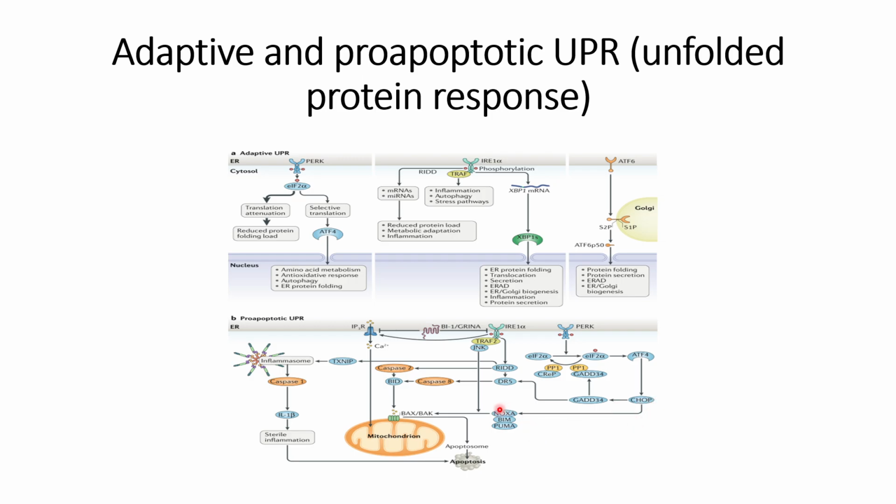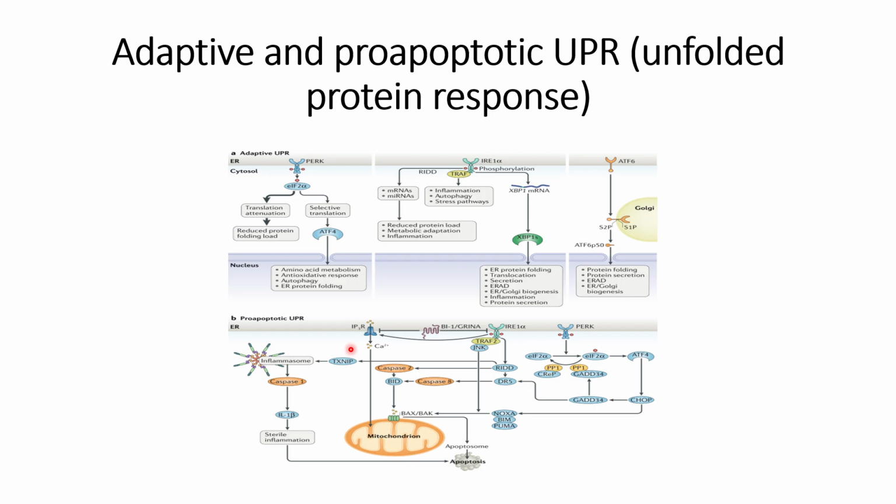This CHOP pathway will also activate other toxic pathways that will trigger the mitochondrial stress that leads to apoptosis.